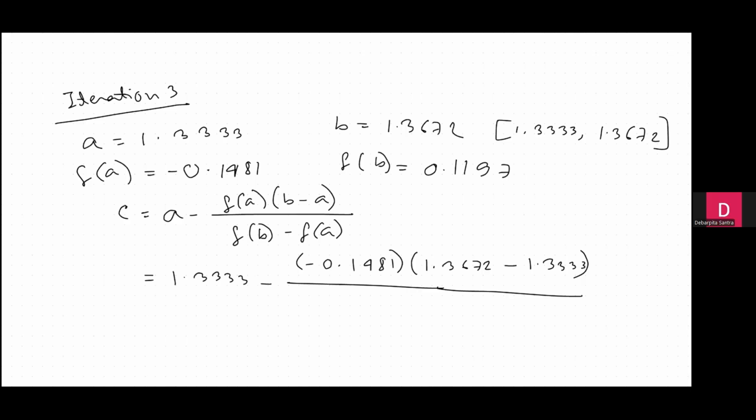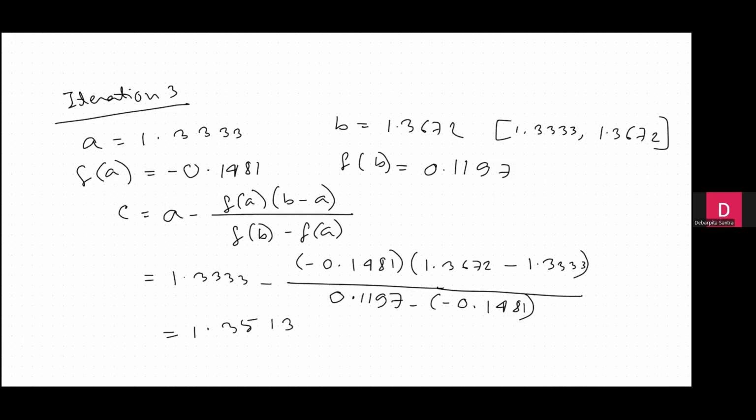Okay. Let us move on to the equation for finding out C. So f of B is 0.1197 minus f of A. F of A means minus 0.1481. If we calculate this, the value will become 1.3513. Okay.